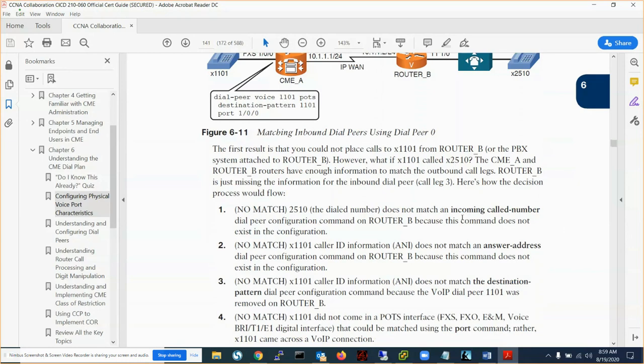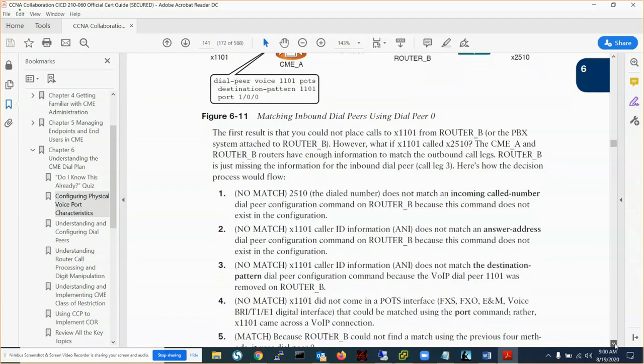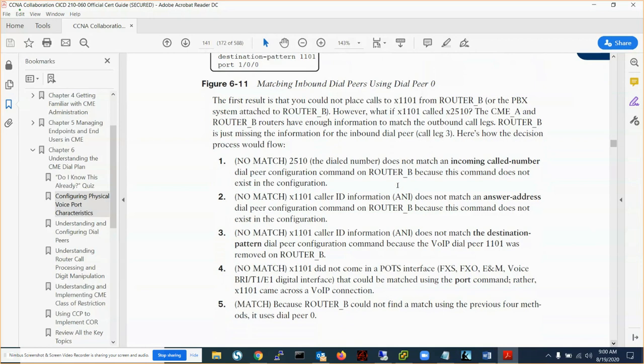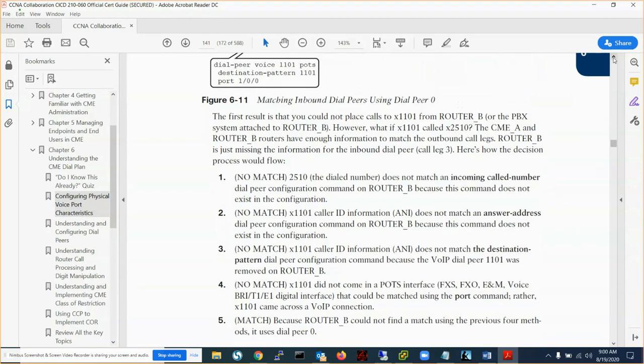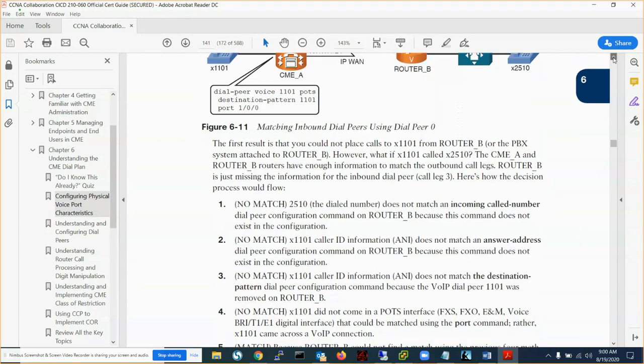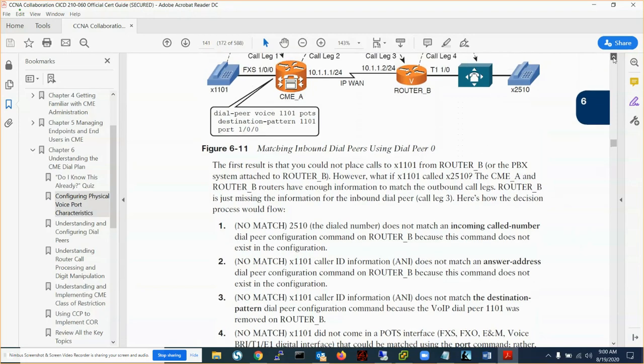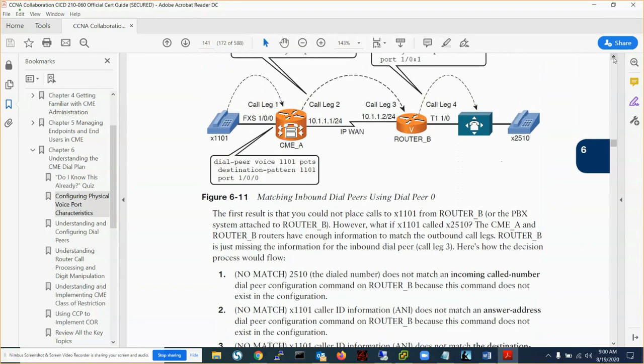You don't have a match because you don't have this command on the router, incoming called number. So you have the dialed numbers. So you have a scenario, right?